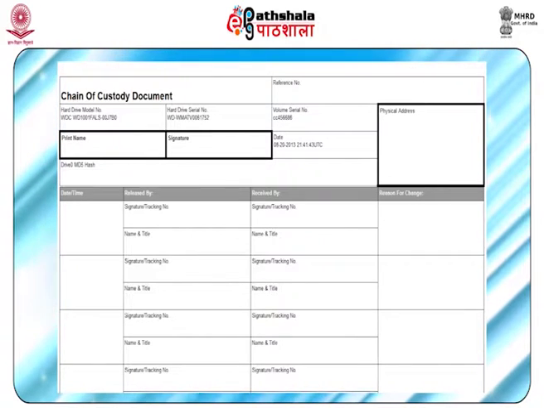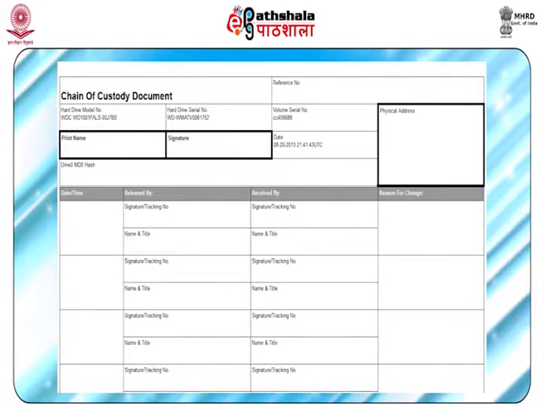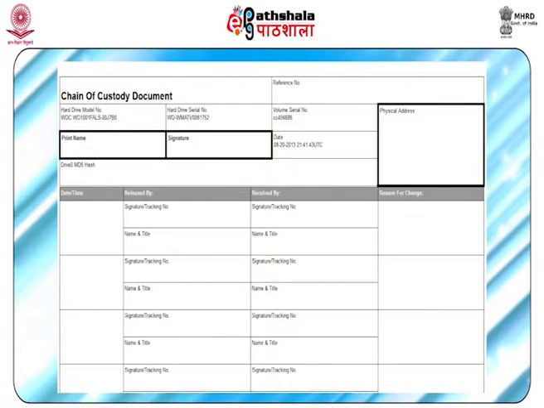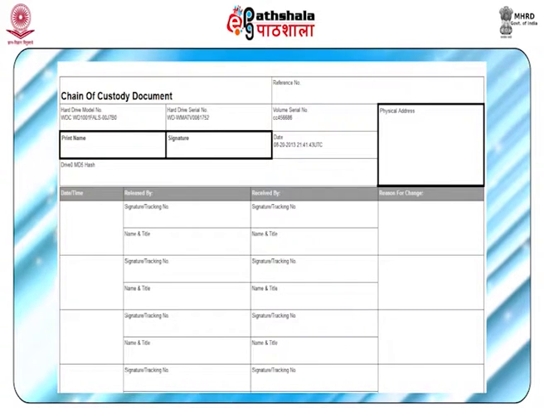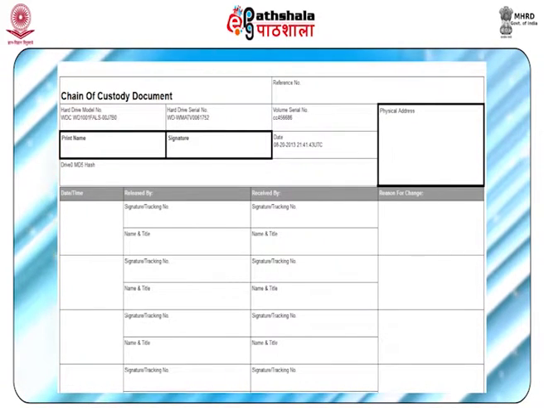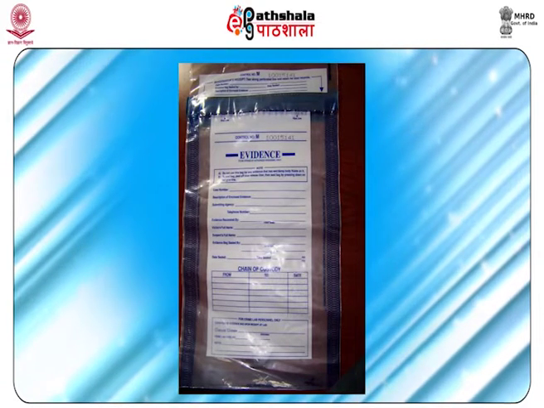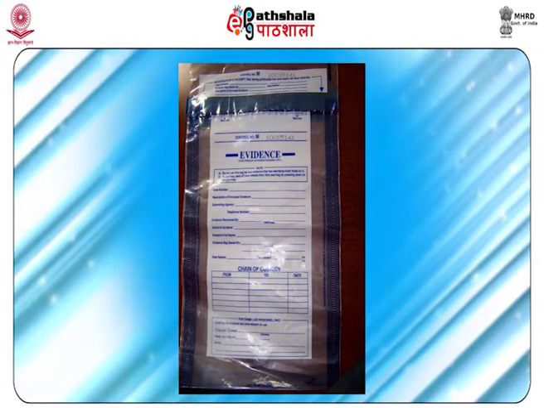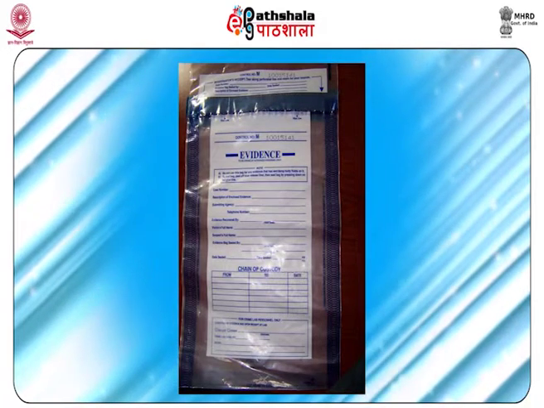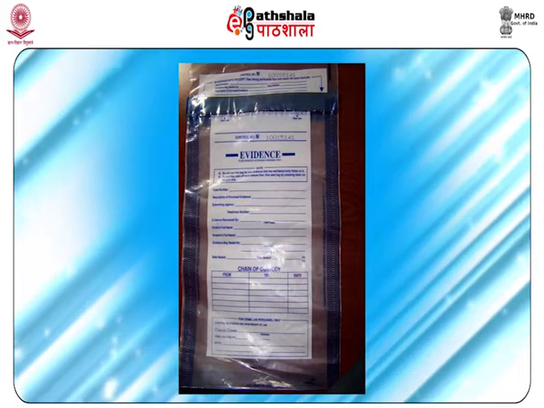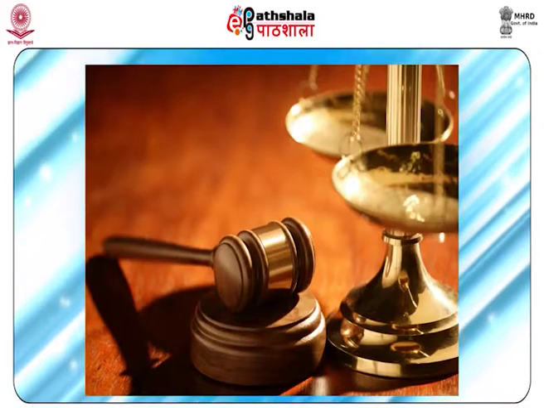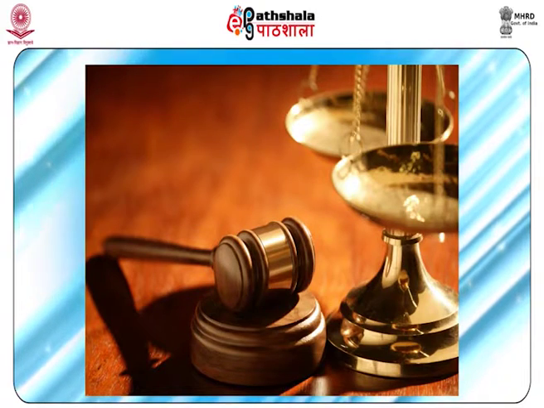Along with other information, it also contains identification details of all the people involved in transport, storage, and analysis of the evidence, along with their signatures, time, and date. This rules out the possibility of manipulation. It not only enhances the dependability of a forensic chemist's work, but also strengthens the evidence during trial.